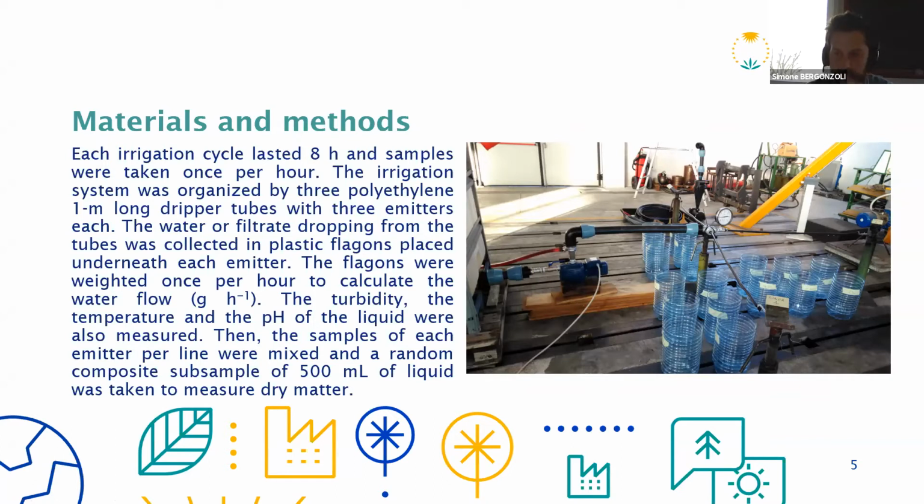Each line was 1 meter long with 3 drippers, and we used these flagons that were weighed every hour, and then the 3 flagons of each dripper line were mixed to take a sample for the calculation of moisture content and dry matter.